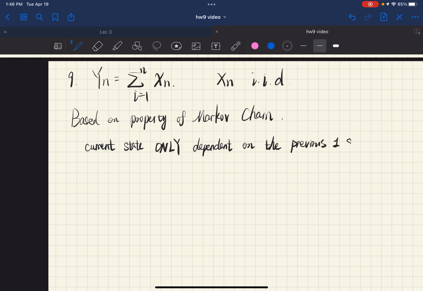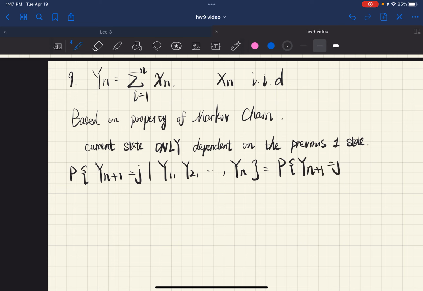The previous one state, which represents in formula is that the probability of Yn plus 1 equals j under the condition that y1, y2, ..., yn is equal to the probability of Yn plus 1 equals j under the condition of Yn. And since Yn is equal to the summation of Xn, we can rewrite this as Yn plus Xn plus 1.